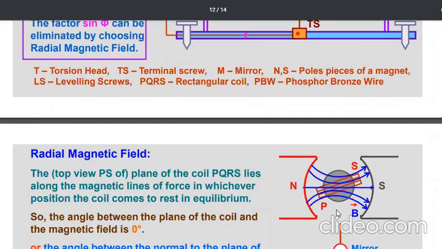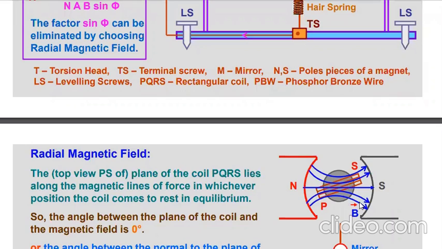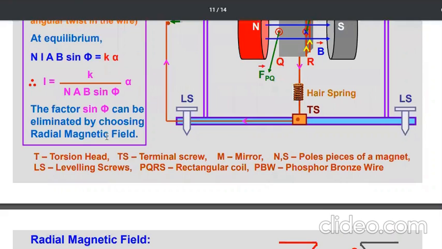Here the magnetic field becomes radial, so that in the top view the plane of the coil PQRS lies along the magnetic lines of force in whichever position the coil comes to rest in equilibrium. In this situation, in whichever position the coil is, it will always be in equilibrium. That's why the sin phi factor is eliminated from this expression.